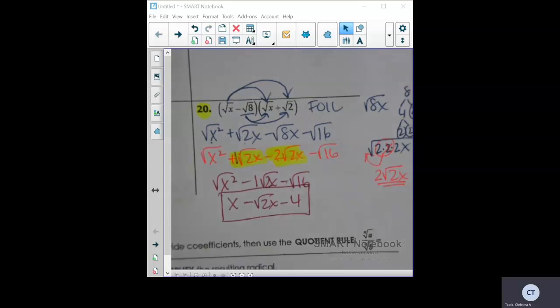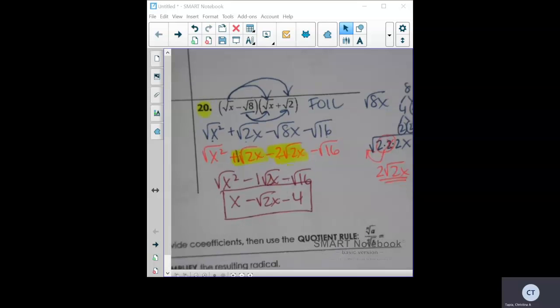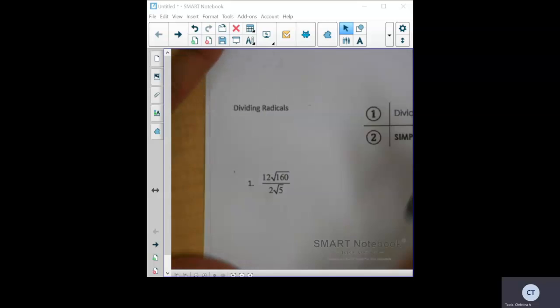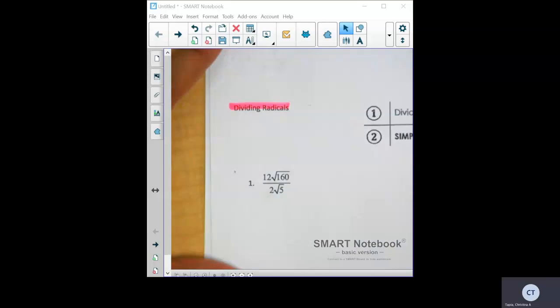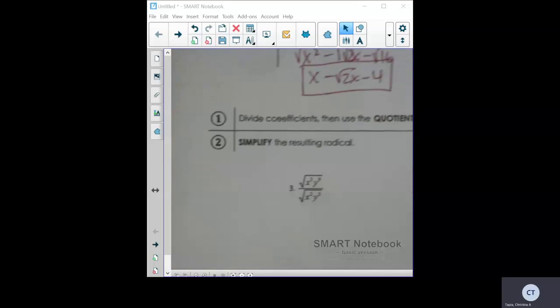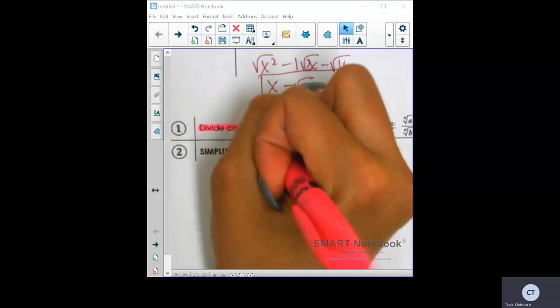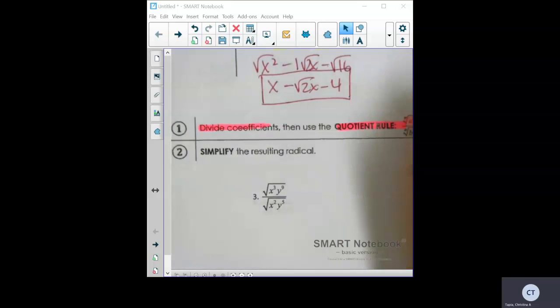All right, for dividing, we're going to look at that piece really quick with numbers 1 and 3 on the front side, and then we're going to do a few on the back. So bear with me. For dividing polynomials, there's 2 steps, just like multiplying. So this is also kind of one of my favorites. You're going to divide coefficients, and then you're going to use the quotient rule.